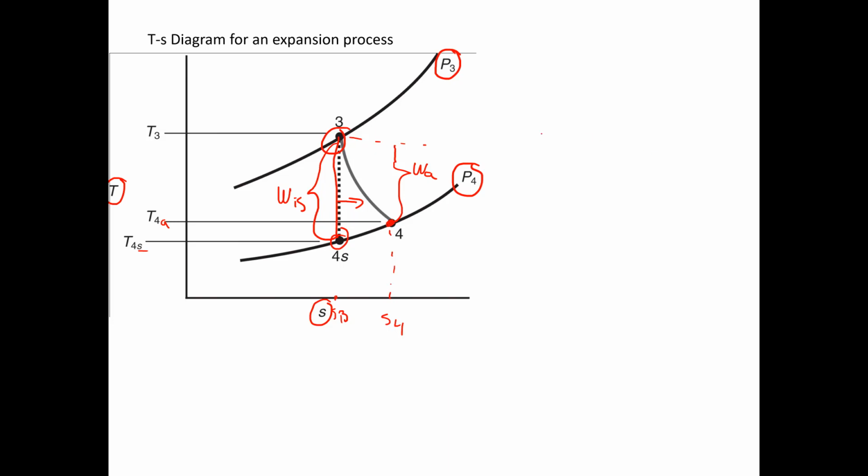The turbine efficiency in this case would be the actual work divided by the isentropic work. Assuming constant specific heats, you can reduce this equation down as a function of temperature: the temperature in minus the actual temperature out, divided by the temperature in minus the temperature out if it were isentropic.